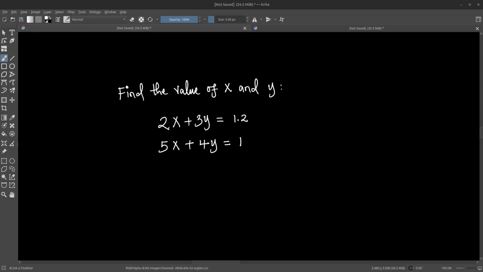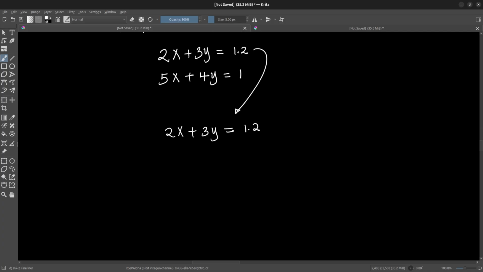In our case, let's express x in terms of y, and then we are going to substitute that in the second equation. So let's take the first equation. We have 2x plus 3y is equal to 1.2. We want to express x in terms of y.